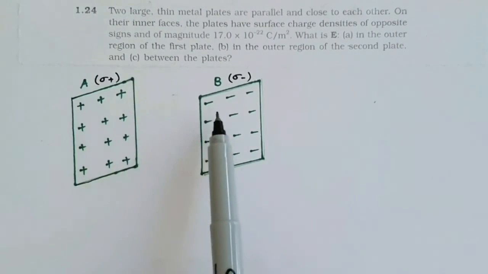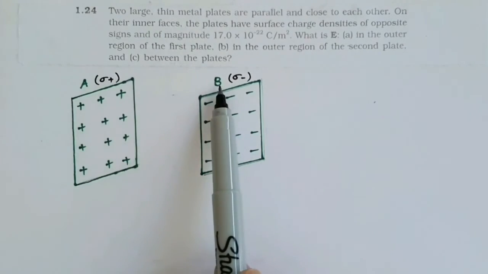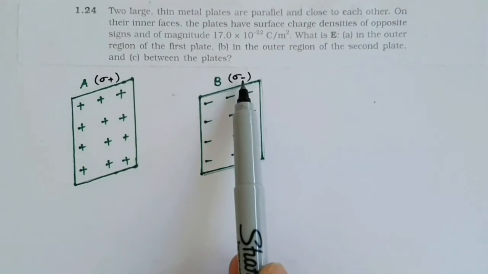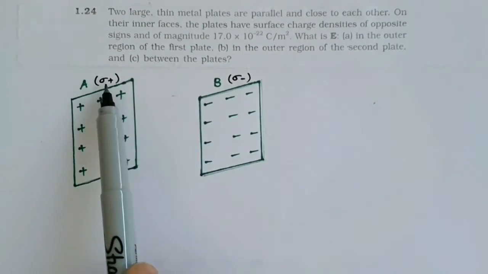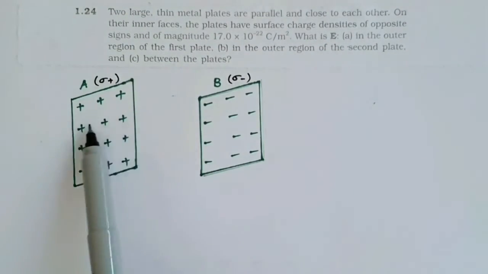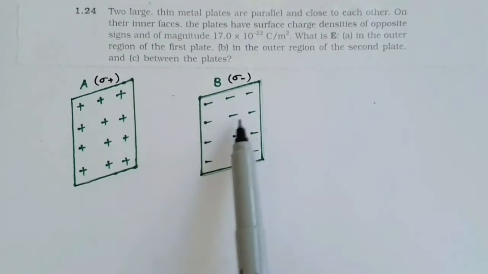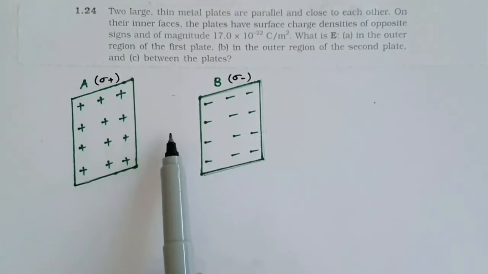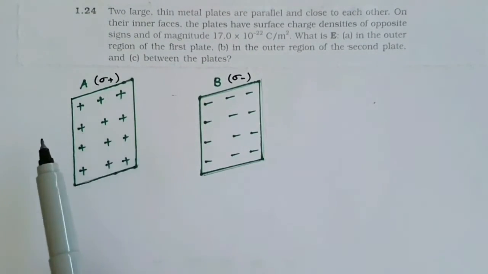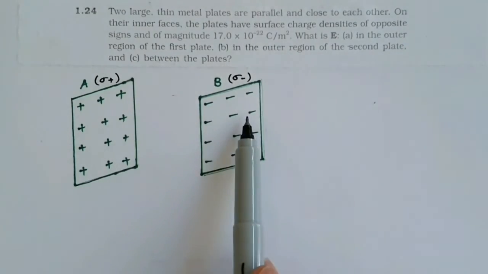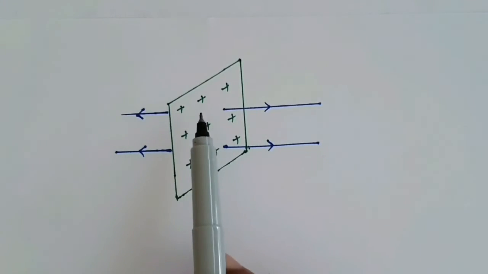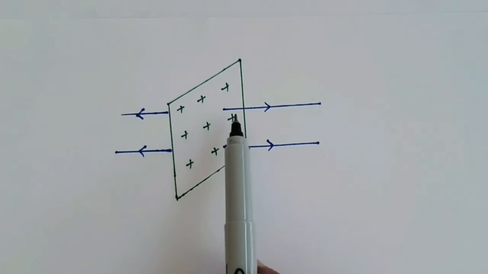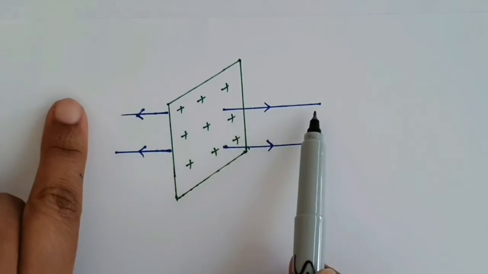Consider two thin parallel plates A and B. Let sigma be the surface charge densities. Given they are of opposite signs. That means one plate is positively charged, another one is negatively charged. Now we have to find the electric field in the outer region of the first plate and the second plate, and also between the plates. We know that for a positive charge, electric field lines are directed away from the charge.